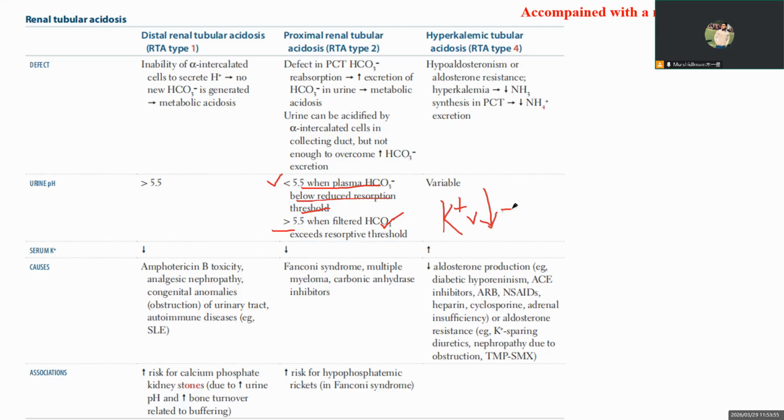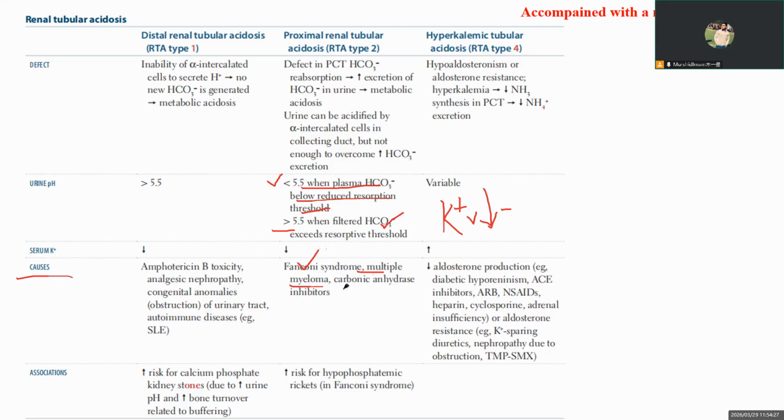All right, another thing we have to remember is the causes. Fanconi syndrome is one of the causes of type 2 RTA, because it is often part of a more generalized PCT defect. You will frequently see it as a component of Fanconi syndrome, which we also discussed in the nephron transport physiology lecture. Another cause is multiple myeloma.